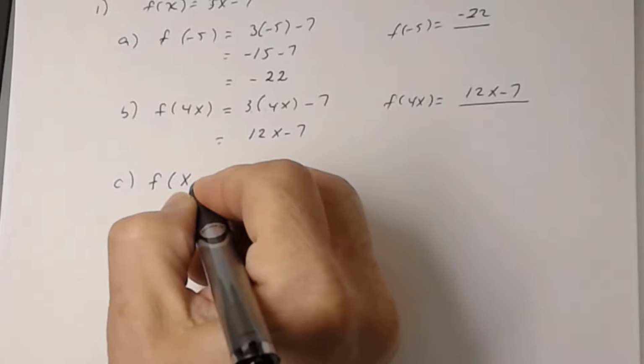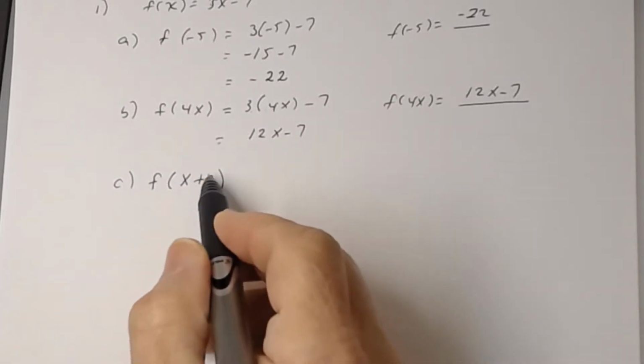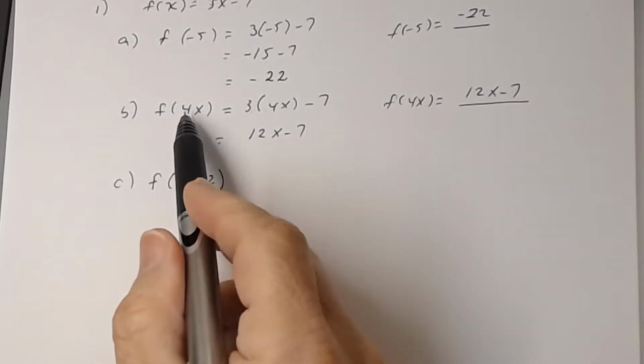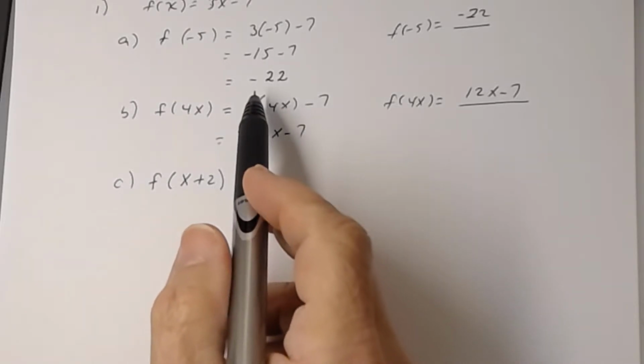So let's suppose I want to find f of x plus 2. All right, now notice the variable expression is a binomial. The variable expression I had earlier was a monomial, right? One term. This has how many terms? 2.